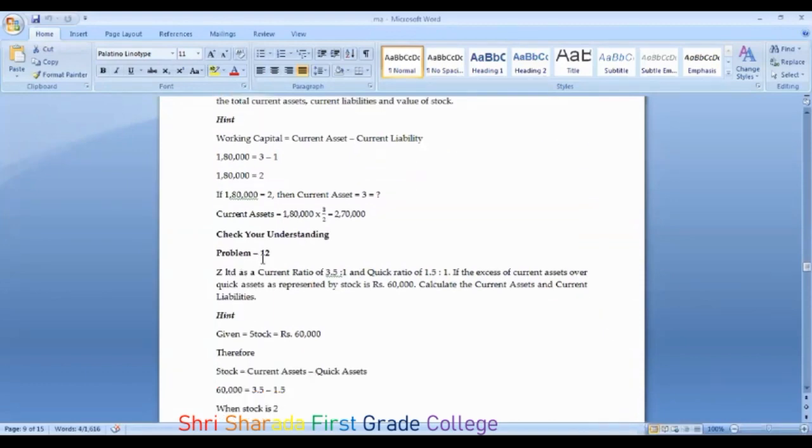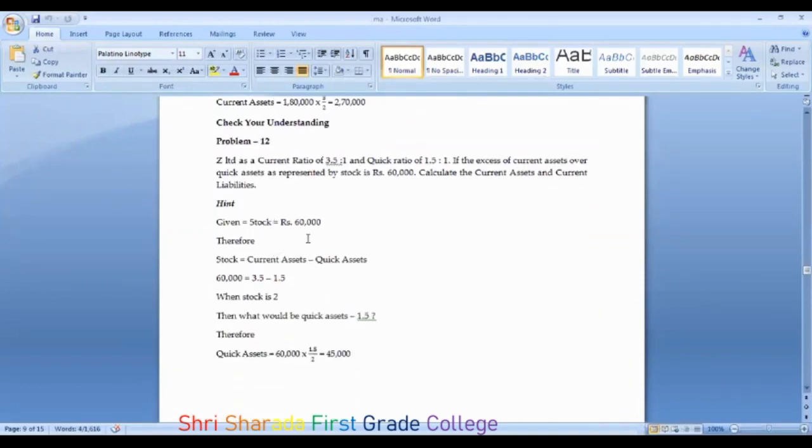Now the 12th question also goes the same way. Here the stock is given, and the current ratio and the quick ratio are given. The excess of current assets over the quick assets, represented by stock, is rupees 60,000. So current assets minus quick assets gives you the stock.